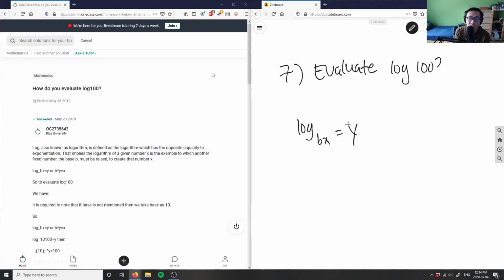The moment we move it to the other side, the b becomes our base, and y becomes our exponent, and this becomes our x as well.